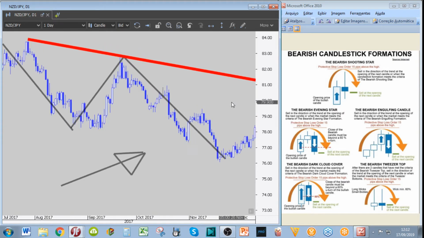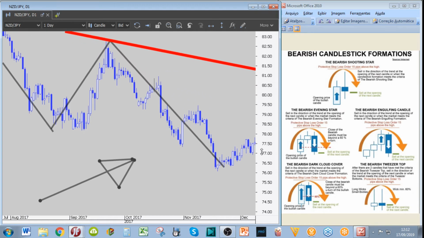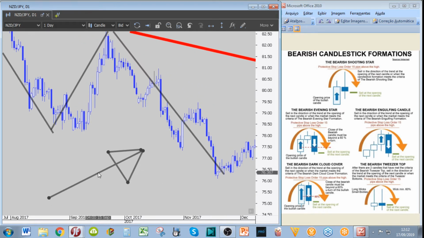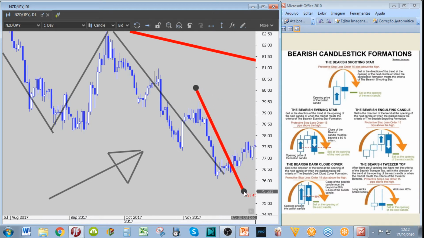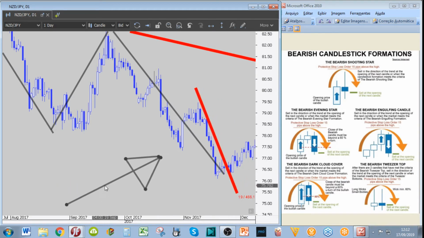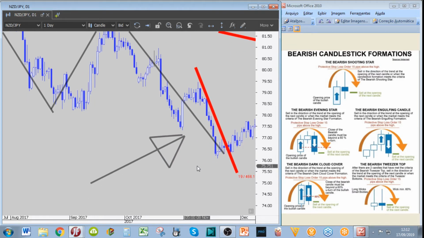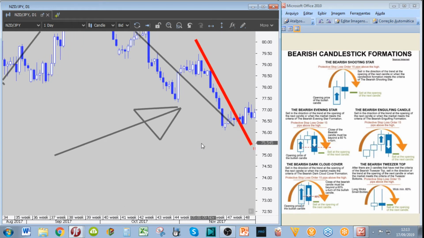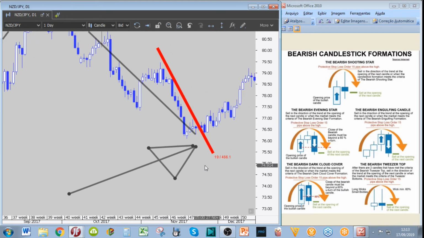Okay, so we don't have the crystal ball. Let's go step by step. So we have what? We have a counter trendline break here, and the market starts making higher highs, higher lows. And let's go slowly. And what else?